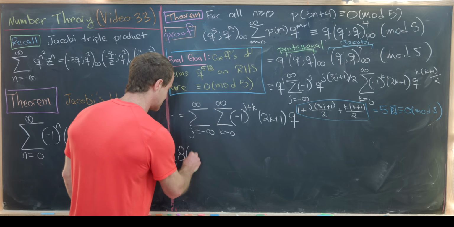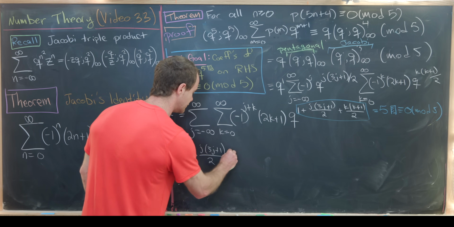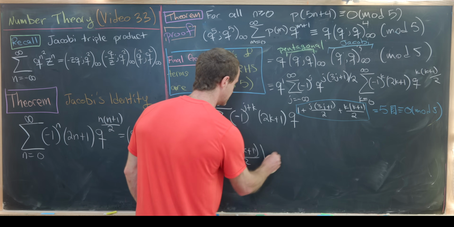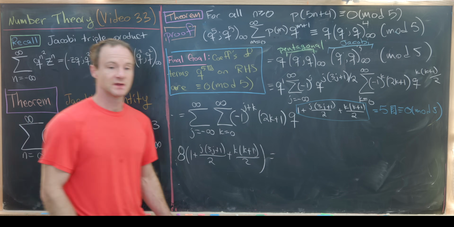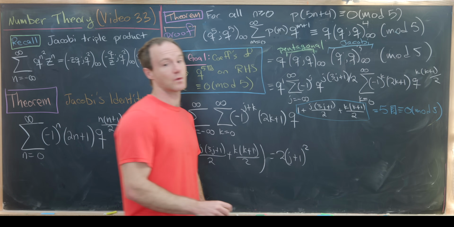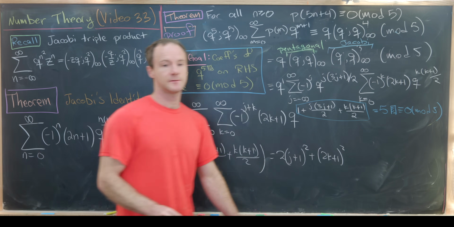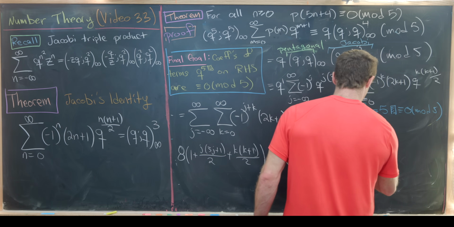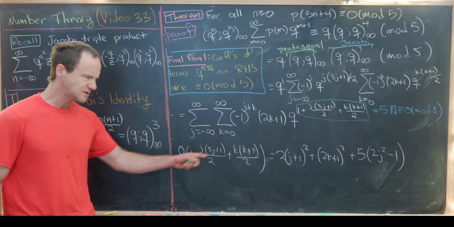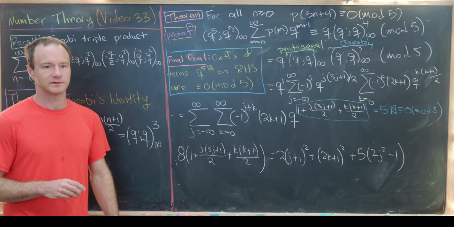So we'll do 8 times 1 plus j times 3j plus 1 over 2 plus k times k plus 1 over 2 is equal to, so it'll be 2 times j plus 1 quantity squared plus 2k plus 1 quantity squared, and then plus 5 times the quantity 2j squared minus 1. So that's just from fairly simple symbolic arithmetic, like a little algebra problem.